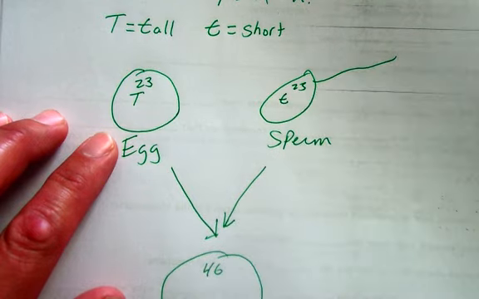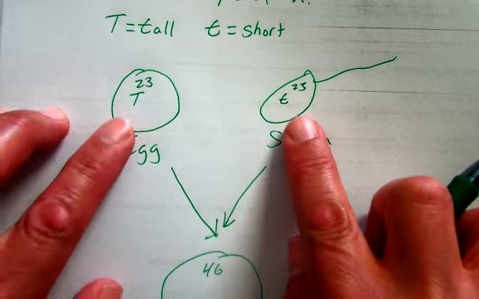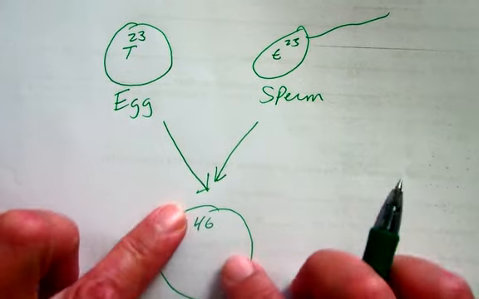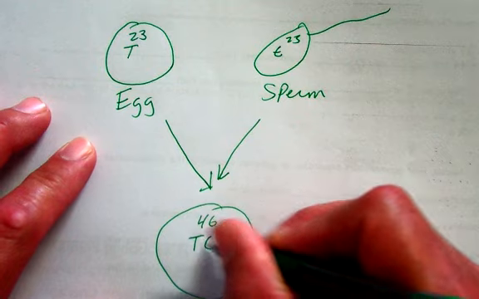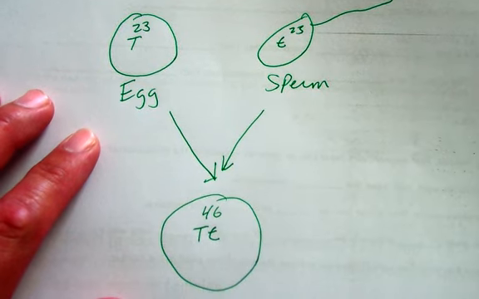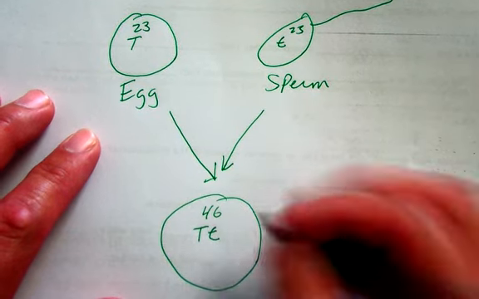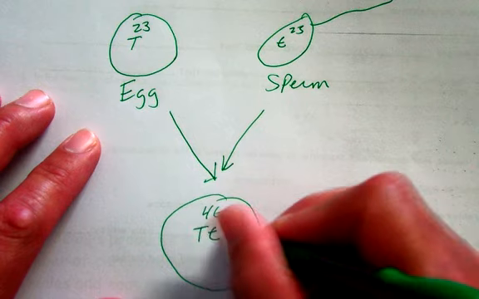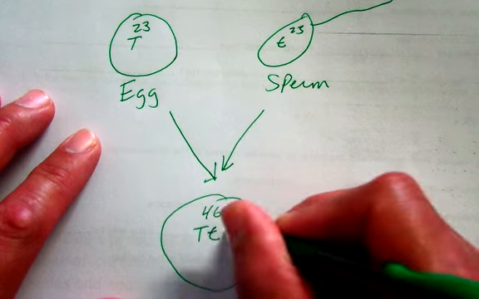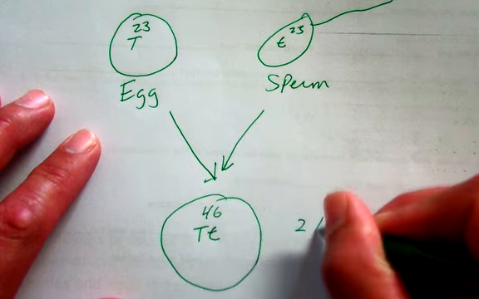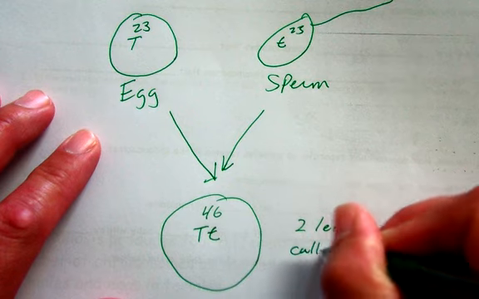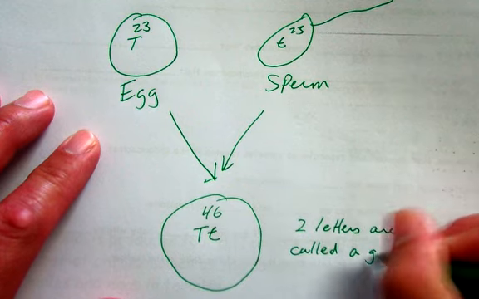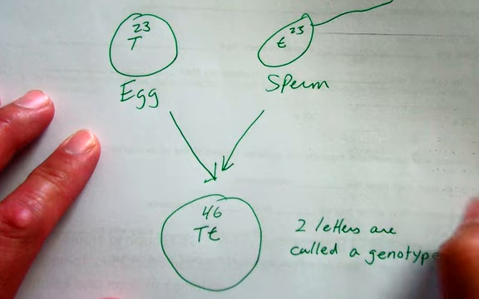When fertilization takes place, we end up with a combination of two letters. They look like that. And we're going to get to the name of these two letters. I'm just going to write it underneath. The two letters are called a genotype. All right?